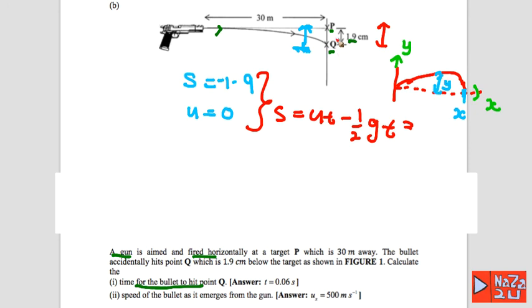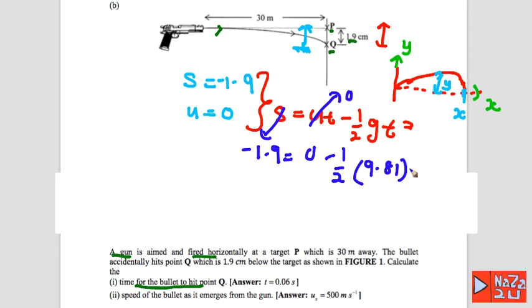So from P to Q the displacement is 1.9 centimeters downward, and u is 0, minus half, and g is 9.81.